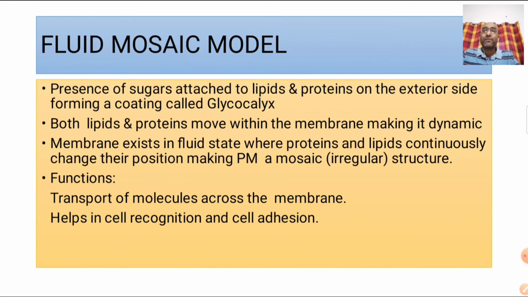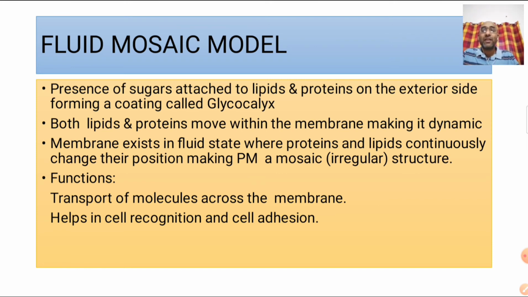In the fluid mosaic model, there are sugars coated onto lipids and proteins. Sugars, meaning carbohydrates, on the exterior side form a coating called the glycocalyx. Both lipids and proteins move within the membrane, thus making it dynamic. They are not static, they rather move.